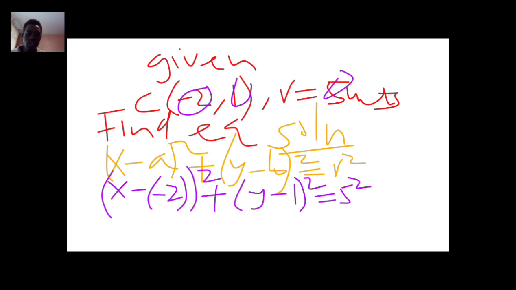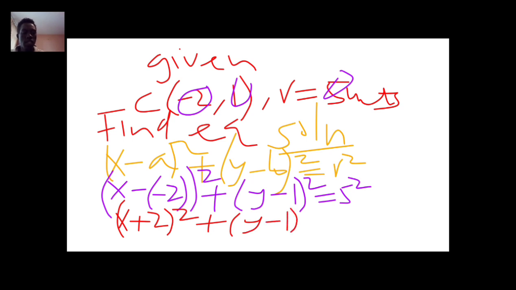Now this is not going to remain as it is, because you can see here there's minus here. Minus and minus give you plus. So open the bracket here and you will get positive 2. Then 5 square is 25. Therefore you will have x plus 2 square plus y minus 1.